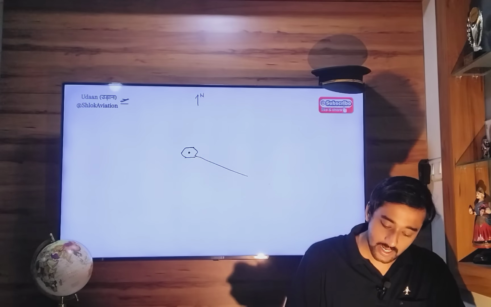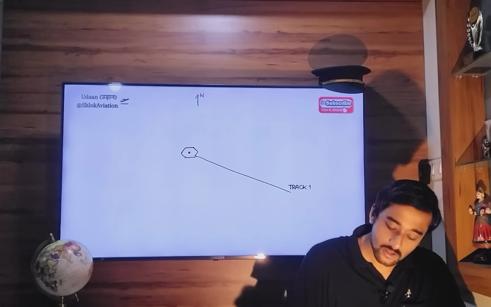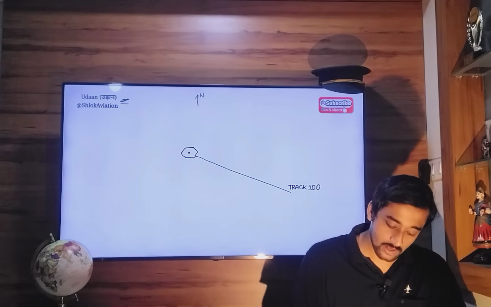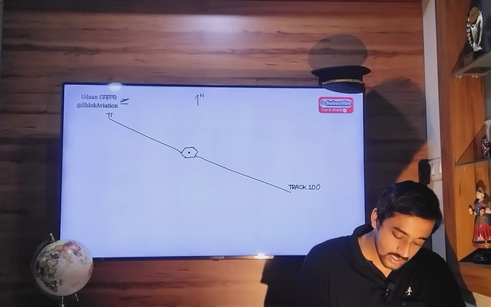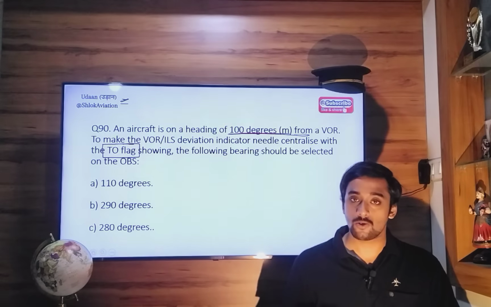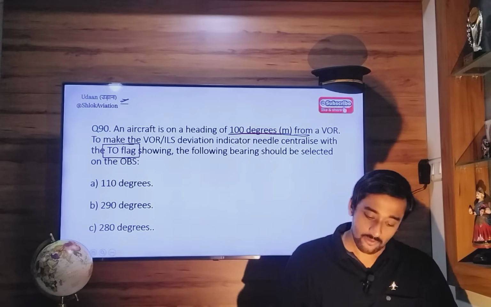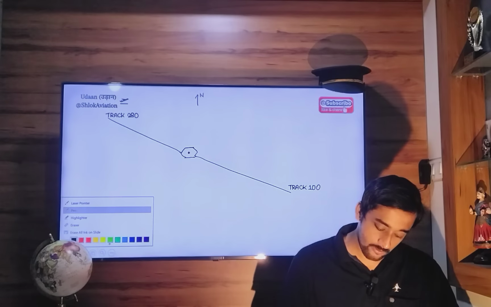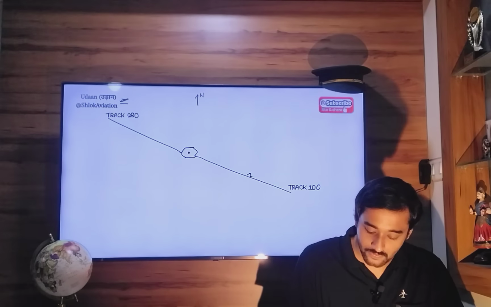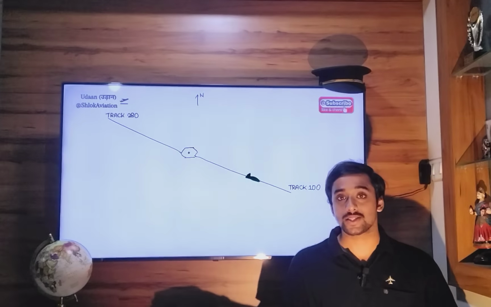So this is a track 100, the reciprocal of which will be track 280. Now, if you're flying a heading of 100 from a VOR, that means you're flying away from this VOR station.